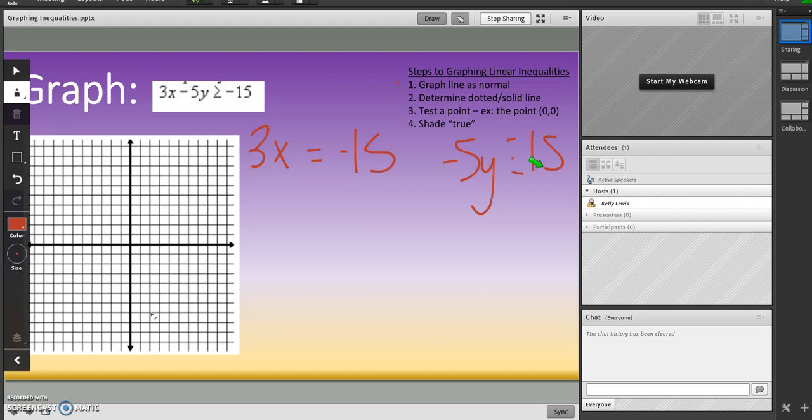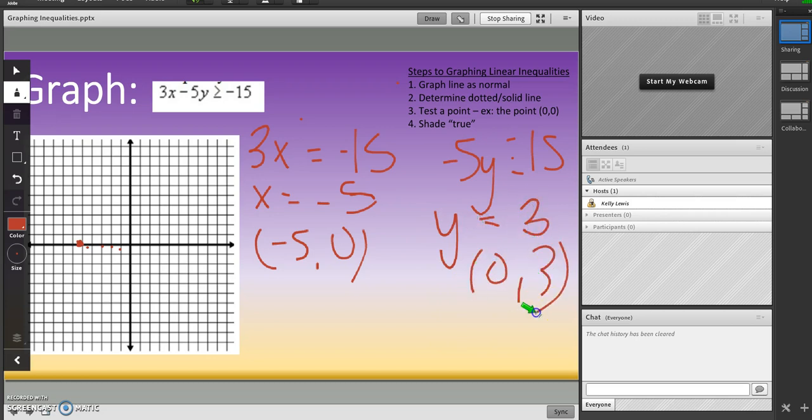So I have just 3x equals negative 15, and I divide by 3. So I get x equals negative 5. My x-intercept is negative 5, 0. My y-intercept is when x is 0, so the x disappeared. I'm going to divide by negative 5, so I get y equals 3. So I get 0, 3.